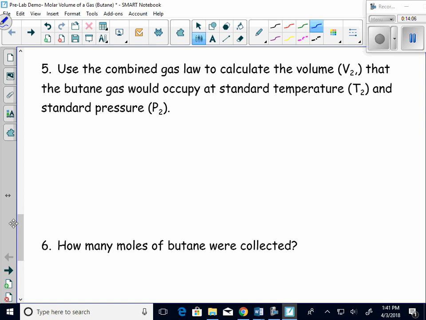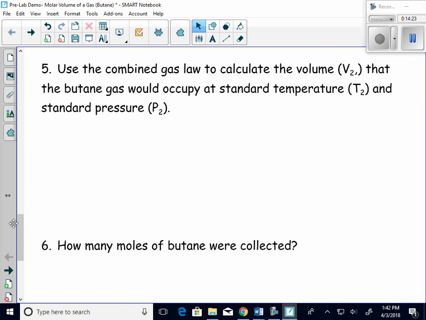Now, here's where we're getting into some of the good stuff. It says, use the combined gas law to calculate V2.